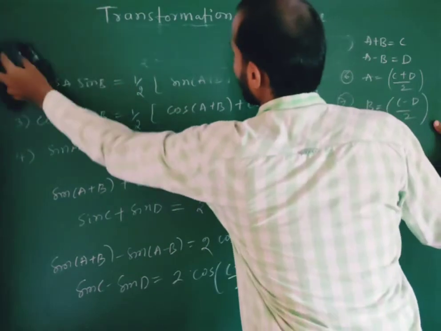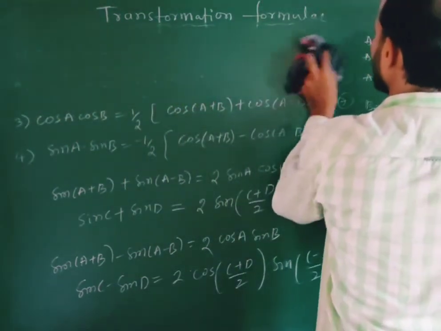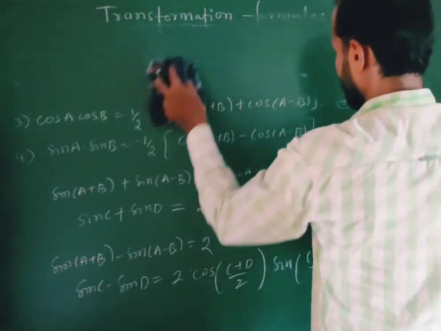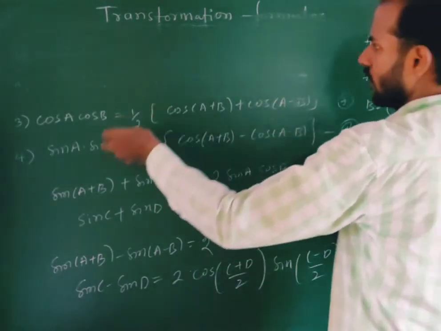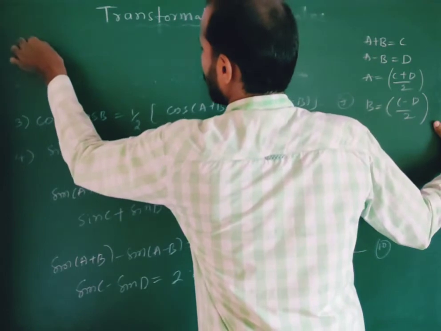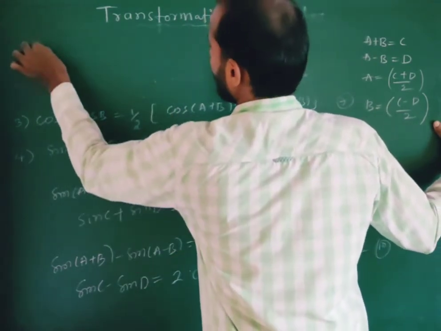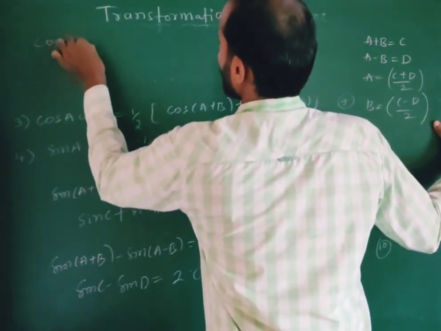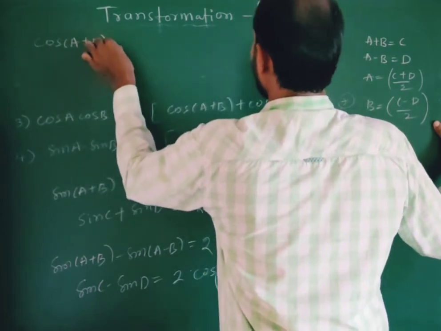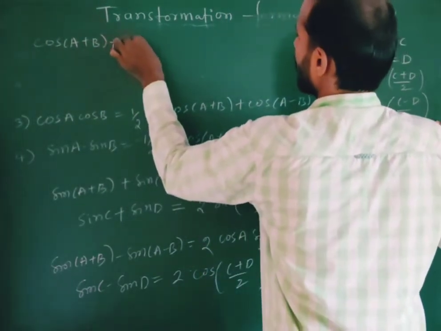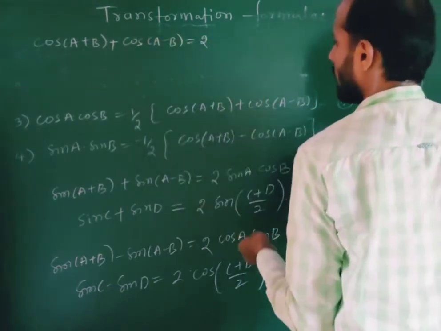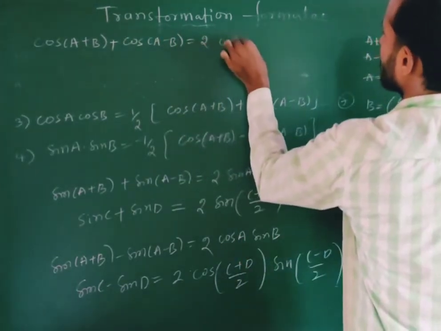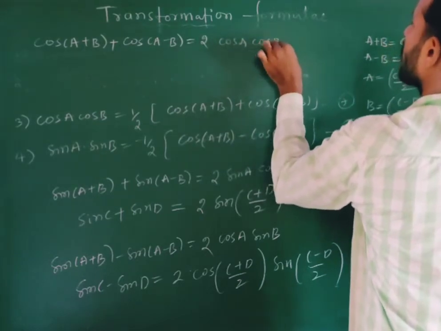Equations 5 and 6. Next, here also, taking 2 cos a cos b, or cos a plus b plus cos a minus b, equals 2 times cos a cos b, right?